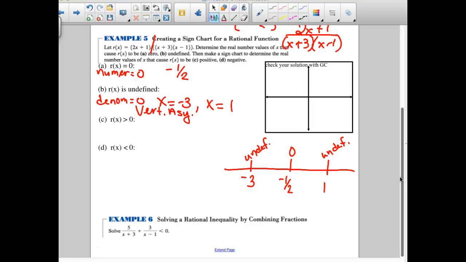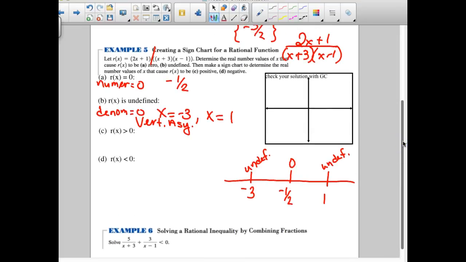All right, so we are going to test our points again in our factors, but notice that we have a numerator and we have a denominator. So what should we pick? Something smaller than negative 3. She said negative 5 first. We'll do negative 5 on this one. Negative 5 is more fun than negative 4. Okay, put a negative 5 in here. What happens on the top? What's our numerator become? A negative.